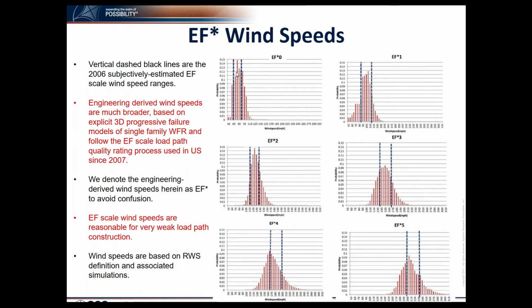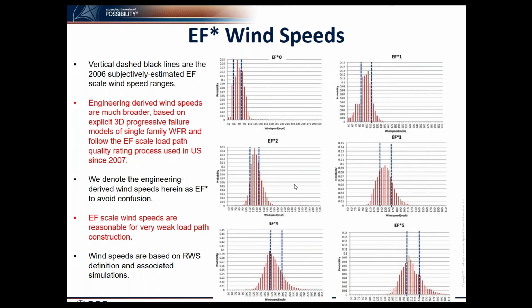It shows for the weak cases the EF scale wind speed, which is, by the way, these blue dashed lines, the EF scale wind speed bounds for each of the EF categories. And you can see that the EF scale wind speeds are very reasonable for the weak load path construction.